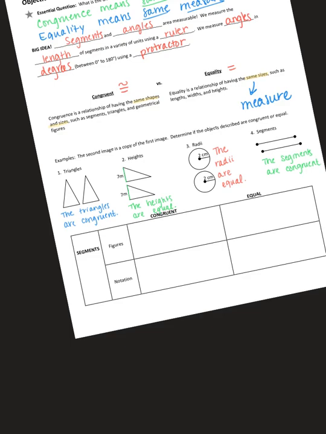Now, when you look at 2 triangles, like if we look at our 2 triangles here, we can't just look at them and assume that they are exactly the same. So there are going to be some indicators that tell us if 2 things are congruent or equal. All right, so we're only going to talk about segments and angles again, because those are the 2 measurable parts in terms of congruence and equal.